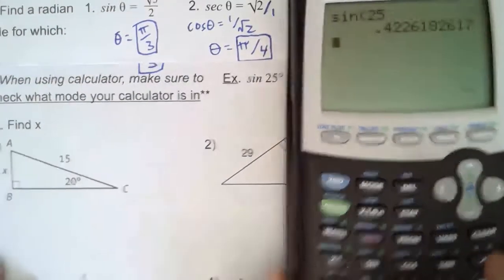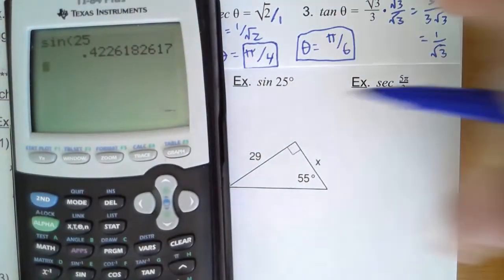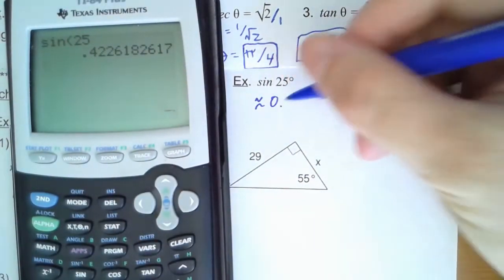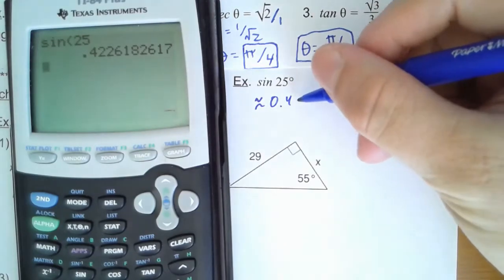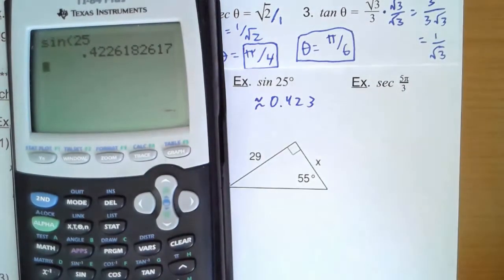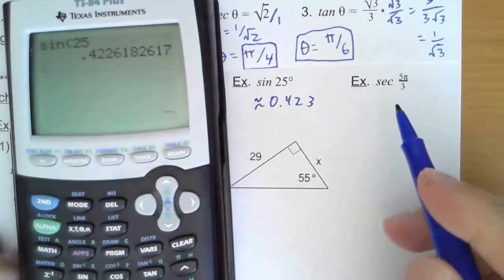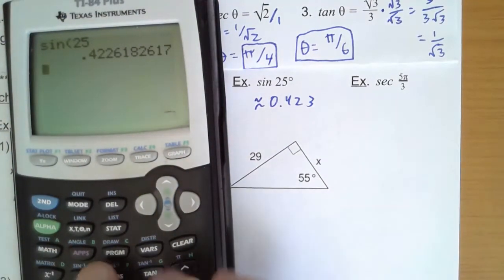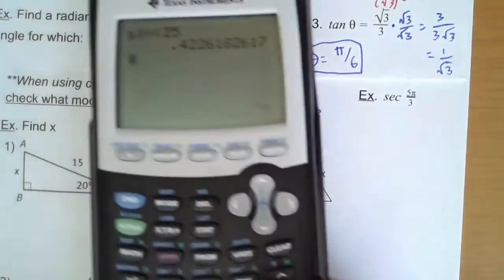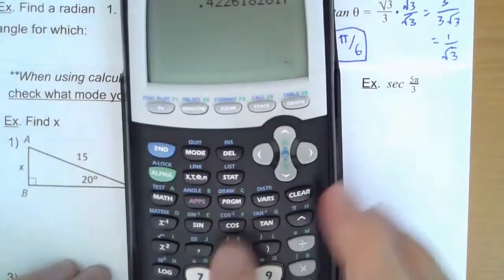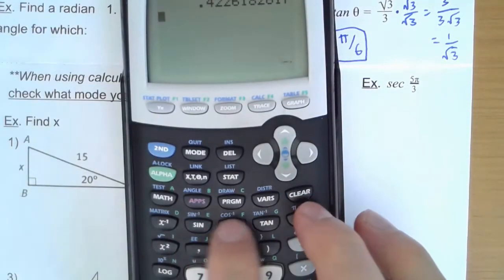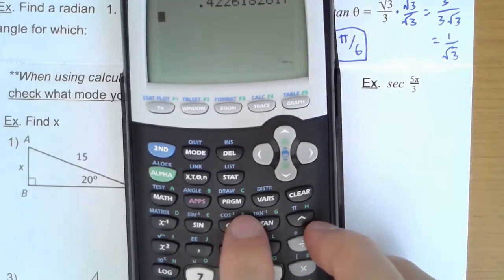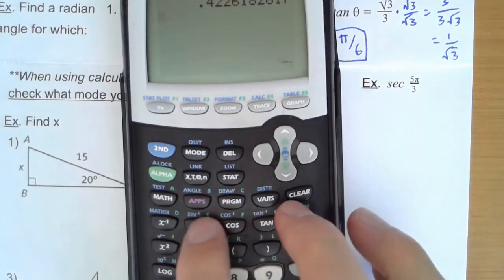sine 25, and my calculator can find it for me. So this is about 0.423. Okay. And then how about secant? Okay. So I look for my secant button, and there's no secant button. And it's not these things with a -1 here. I know a -1 exponent can mean reciprocal, can mean 1 over, but that's not what these are.